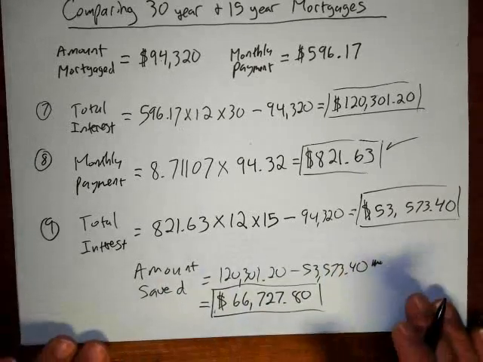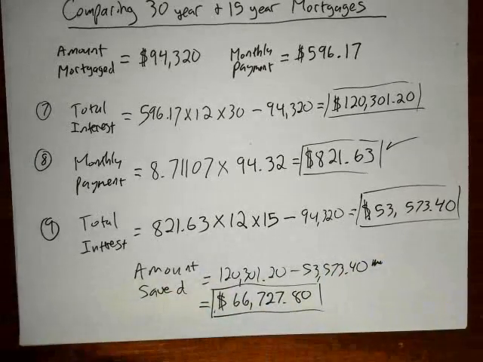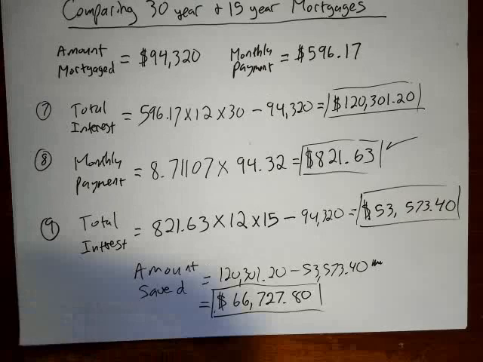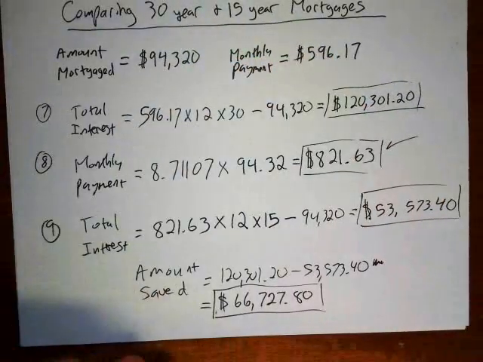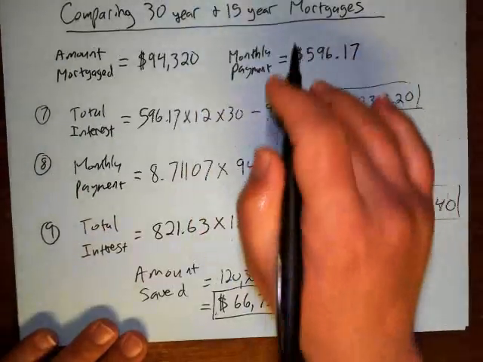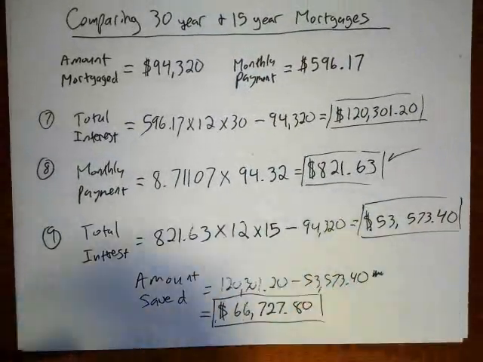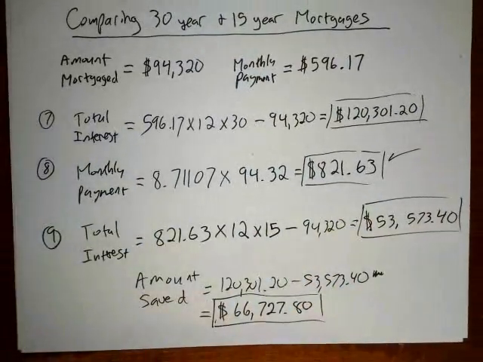So the very end of the mortgage project, number 10, asks you, besides doing a 15-year mortgage, what are some other ways that you could save on interest? So I kind of gave you one way when we did the amortization table. I talked a little bit about one way that you could save on interest.